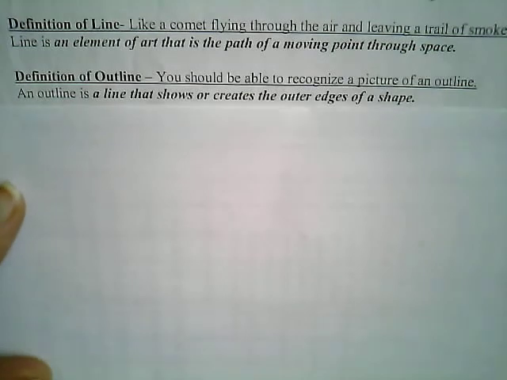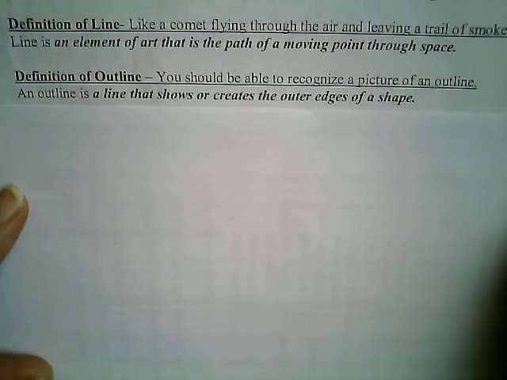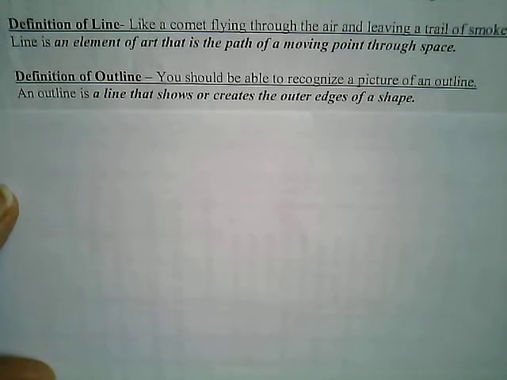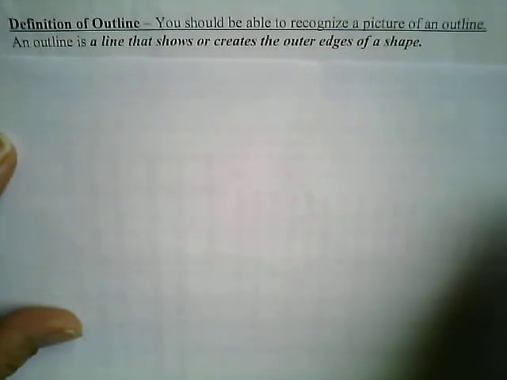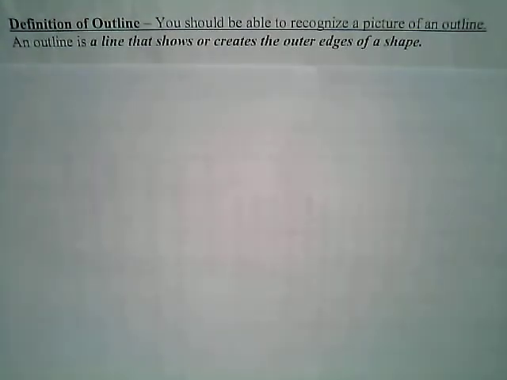So let me show you the definition so you can write it down. An outline is a line that shows or creates the outer edges of a shape. So it doesn't matter how much detail the object has on the inside. If you're just creating the outline, then it's just whatever shape the outline makes.